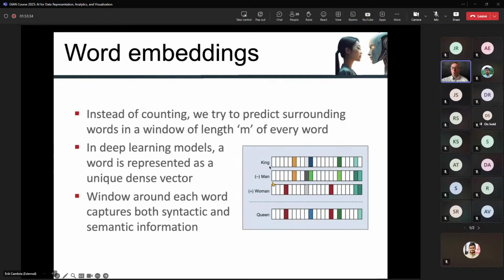And the famous example of this is that if you took the word embedding representing the concept of king, subtracted the word embedding of man and added the word embedding of woman, you would get a resulting word embedding very similar to the word embedding representing queen.